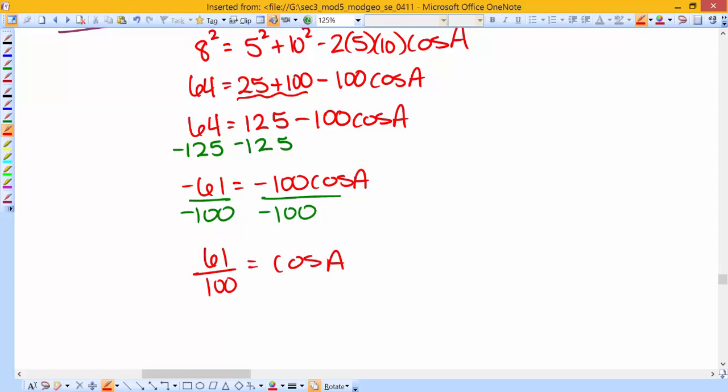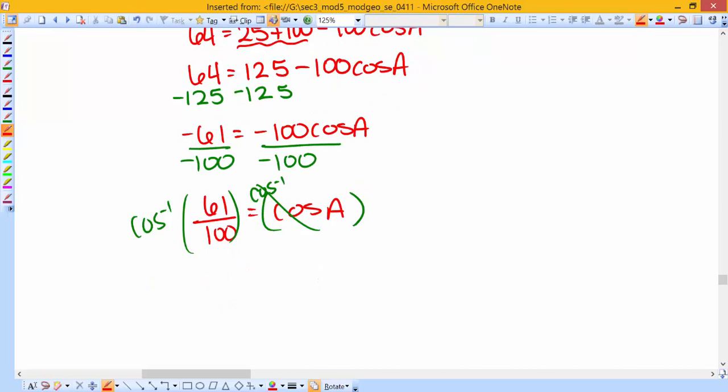Now I need to get A, which is my angle. Well, it's with cosine, so I want to undo cosine. So to undo cosine, I have to take the inverse of both sides. So my inverse cosine and my cosine will cancel, and I am left with cosine inverse of 61 over 100 will give me angle A. So I've checked to make sure that my calculator is in degree mode.